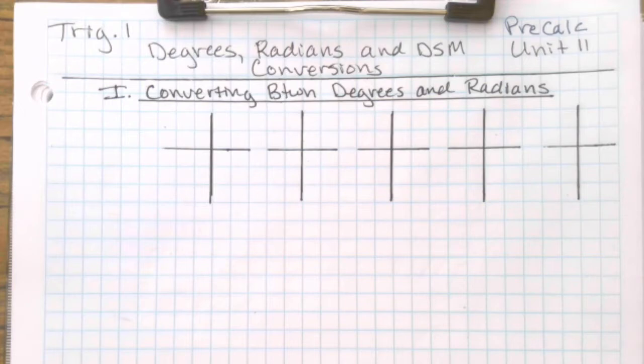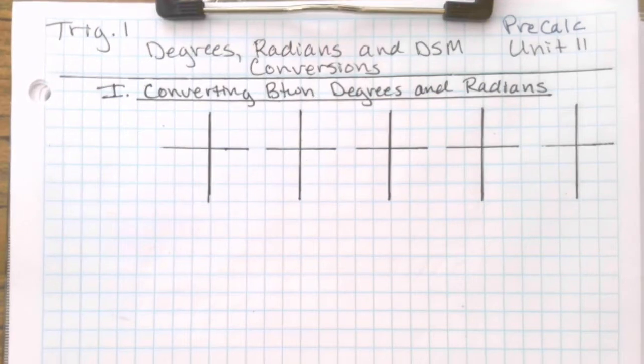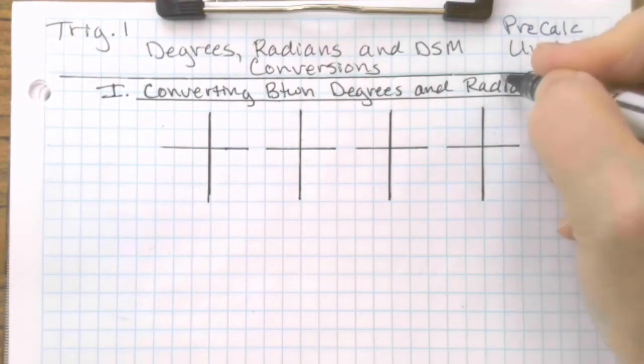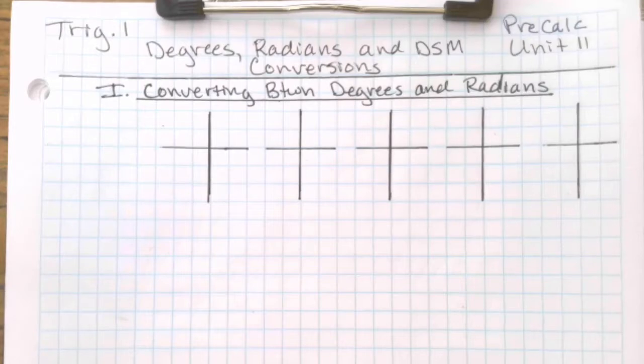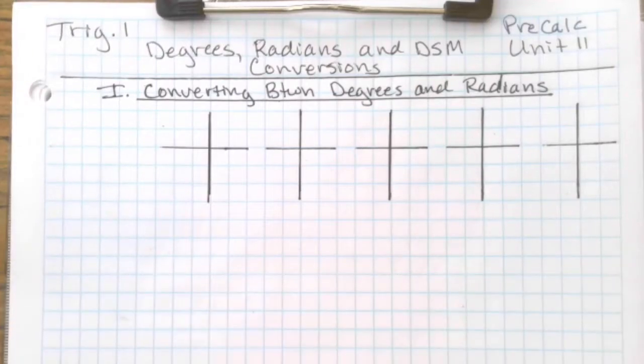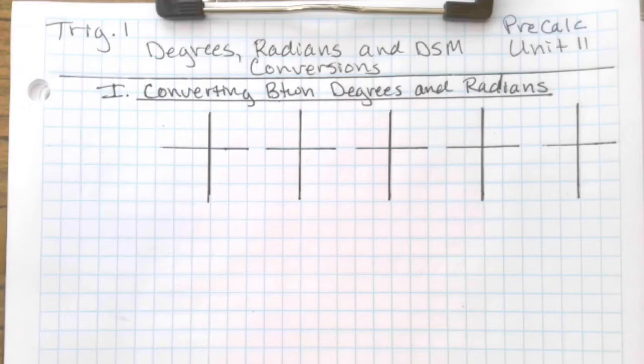But there are many things in science and in math that radians must be used. There are certain calculations that degrees simply won't work. So we have to be able to go between degrees and radians at will, depending on what we're going to be doing. So we're going to draw a little graph here and do a comparison between degrees and radians.